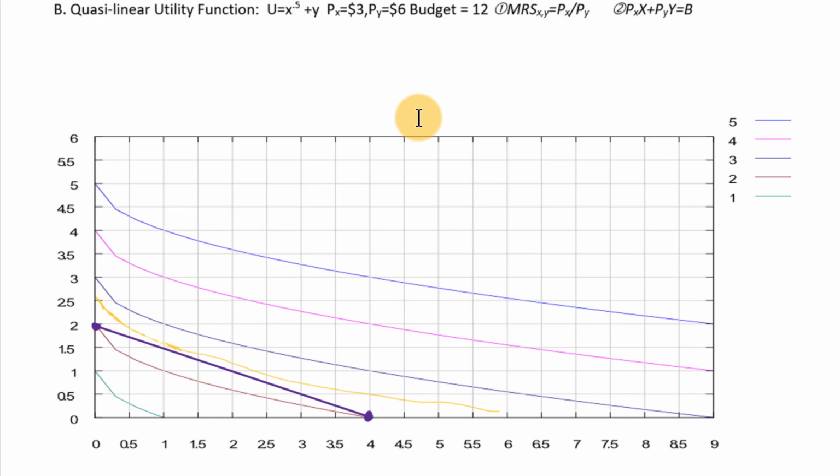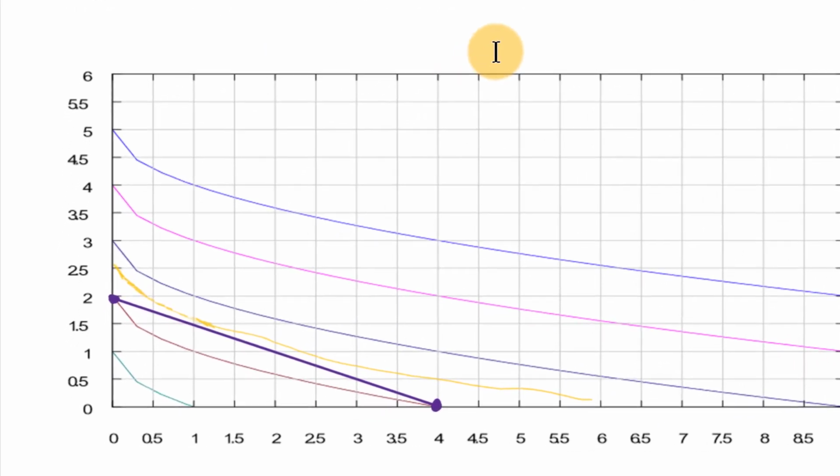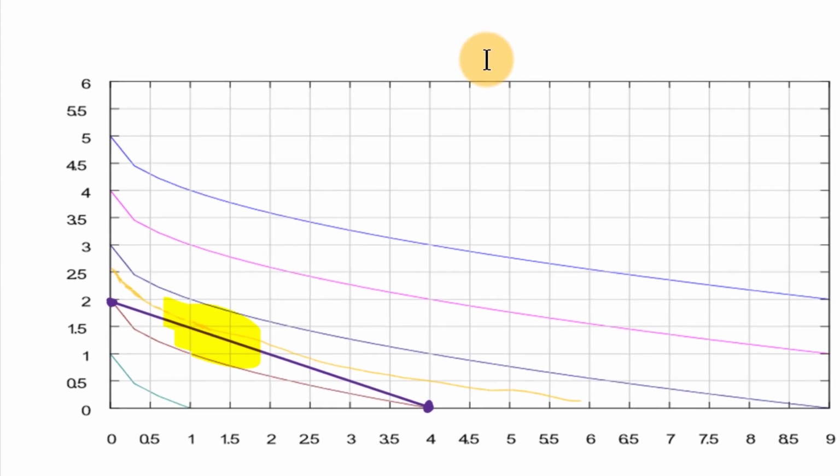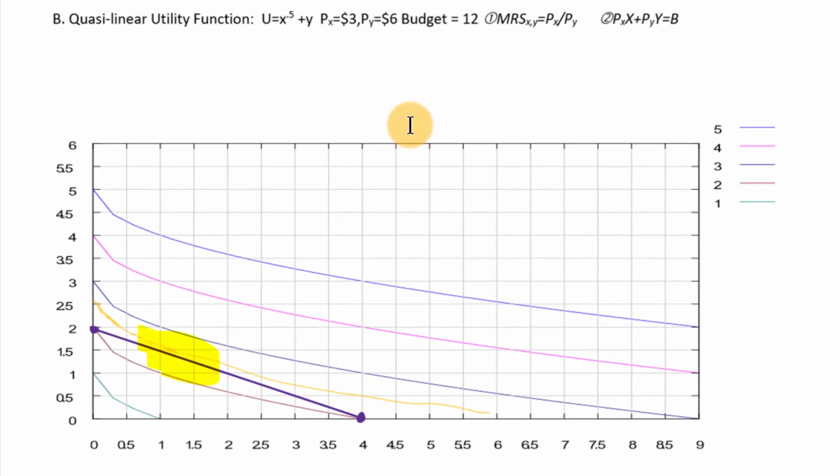So if I had to take a wild guess, our solution is probably going to be somewhere in this region. I know, not very specific, but just an initial guess. Let's go ahead and do the work, and let's see what the math tells us.